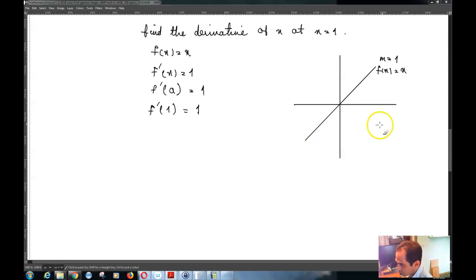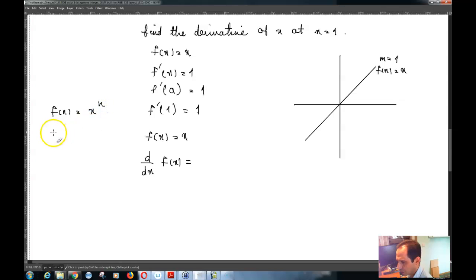Of course, to take the derivative of this function, when you have f of x is equal to x, then you know that d by dx of f of x is equal to, we said that when f of x was equal to x raised to the power n, then d by dx of f of x is equal to n times x raised to the power n minus 1.